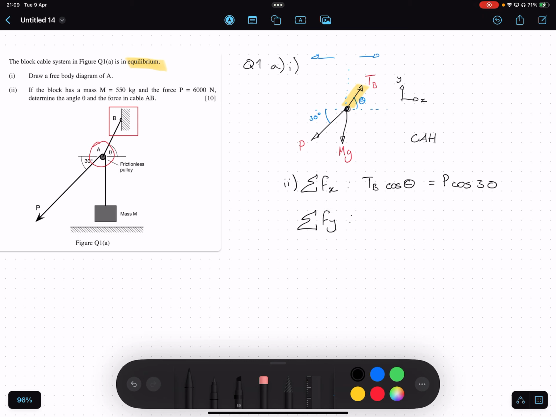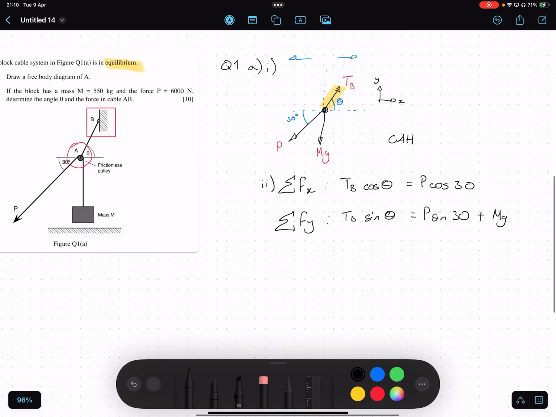Let's do the same for the y direction, which is slightly more involved. We have TB sine theta this time, which is going to be equal to P sine 30 plus our weight, mg, as we are acting downwards.